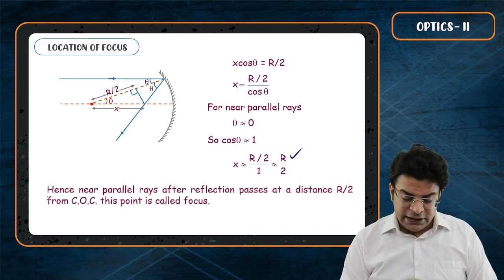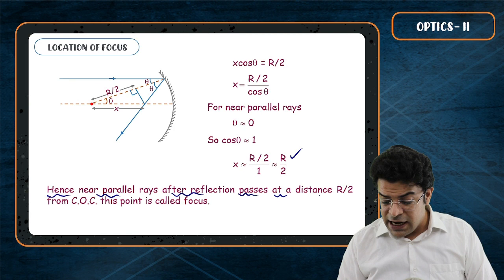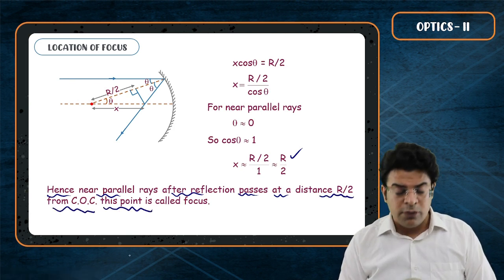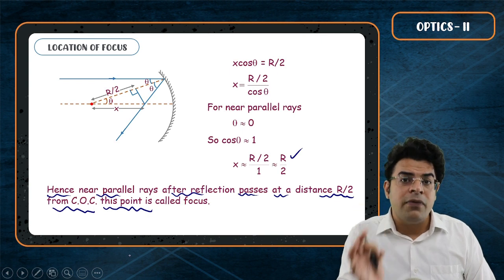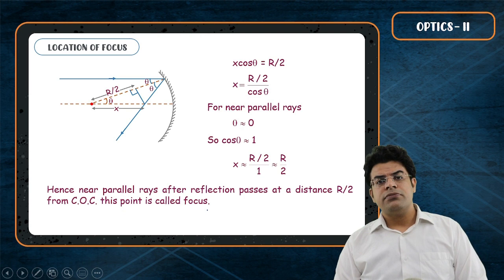So do understand this. Hence, near parallel rays after reflection pass at a distance r by 2 from the center of curvature, and this special point through which the near parallel rays pass after the reflection is called the focus.